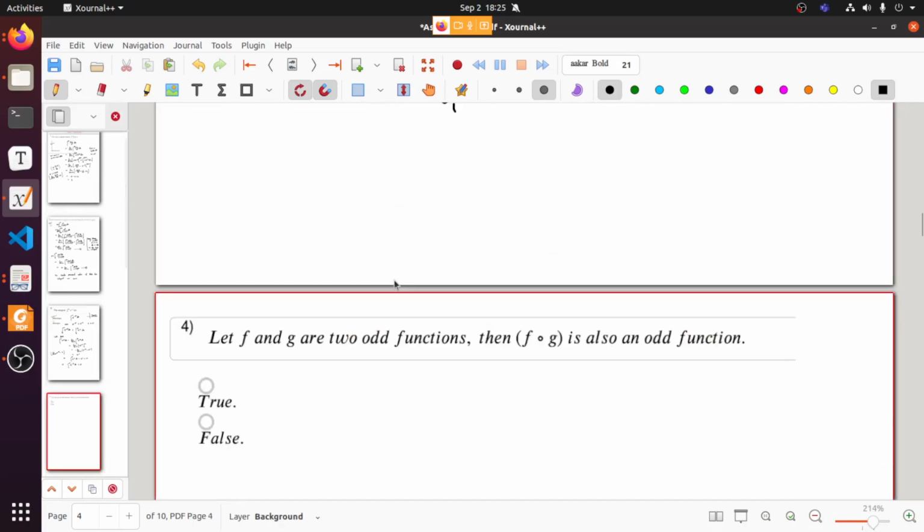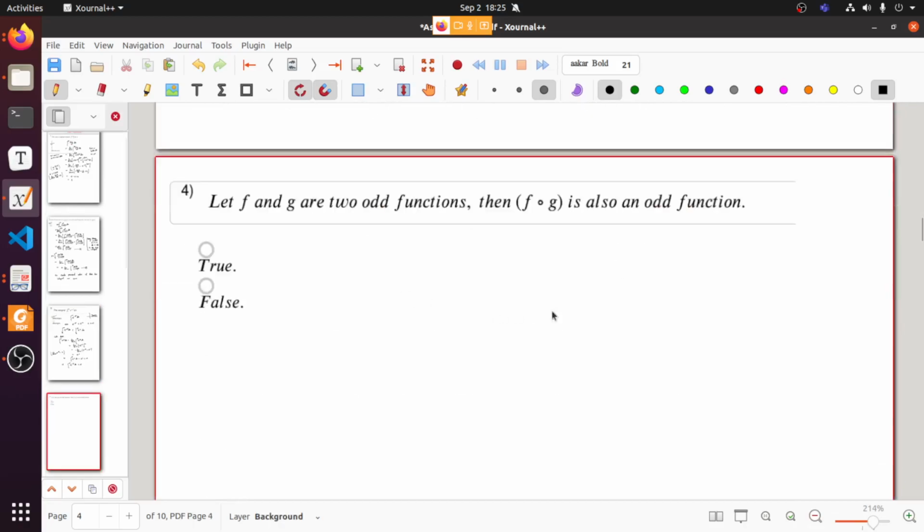So now move to the next one, the fourth one. What it is saying: let f and g be two odd functions, then f compose g is also an odd function. You have to say whether it's true or false. So what are odd functions?